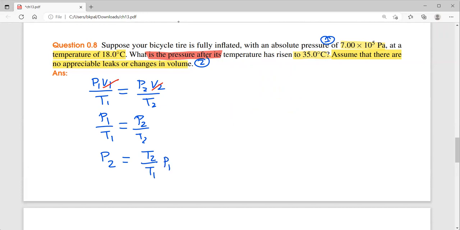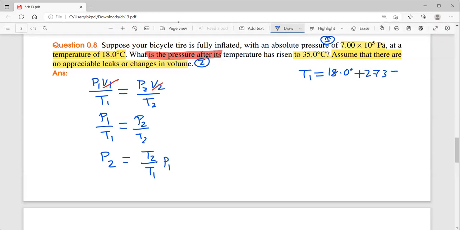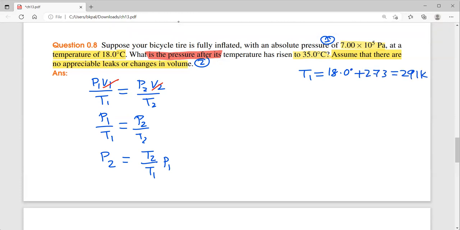Before you plug the values in, make sure you convert the temperature to Kelvin. 18 degrees Celsius means it is 291 Kelvin. And T2, the final temperature, is 35 plus 273, which is equal to 308 Kelvin.